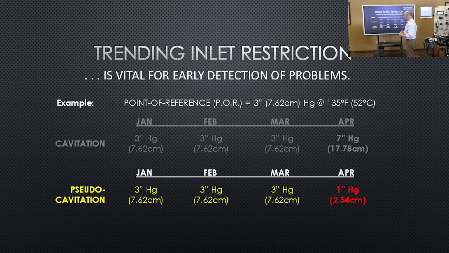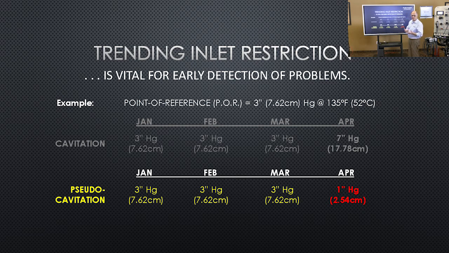In this particular instance, we have an axial piston pump. The manufacturer's maximum recommendation is 4 inches of mercury at 135 degrees Fahrenheit. We established with a vacuum gauge that the point of reference is 3 inches of mercury, and then we went about our business doing two things. First, we demonstrated what happens if inlet restriction goes up, and we demonstrated cavitation, which is the formation and collapse of gaseous cavities within the liquid.